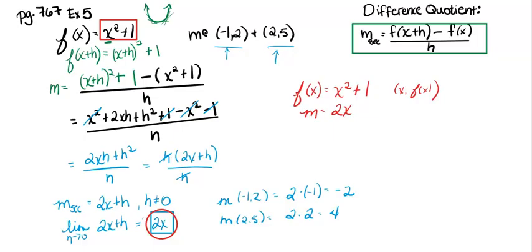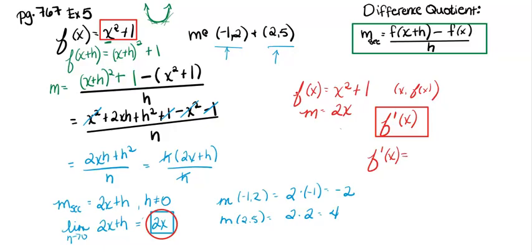The derived function is called the derivative of f at x and is denoted by f prime of x. When you see f prime of x, that means you want to find the derivative. And how do you find the derivative of a function? Well, the definition is on the top of page 768, but it's the same thing that we've been doing the past couple sessions in class.